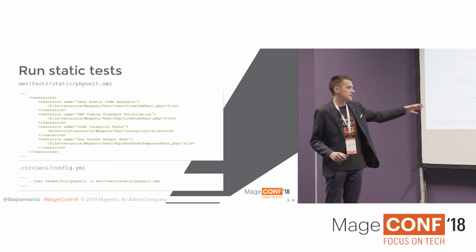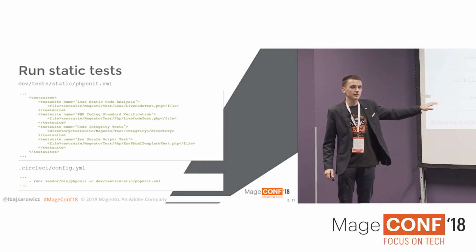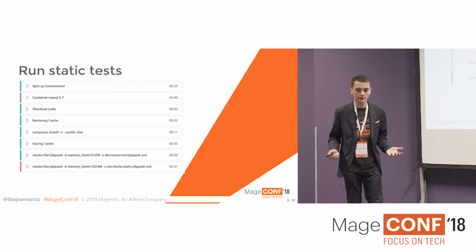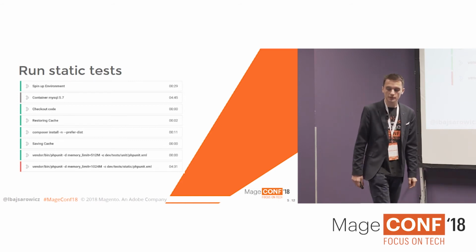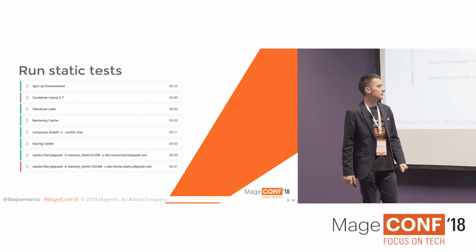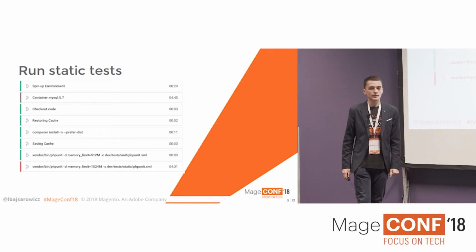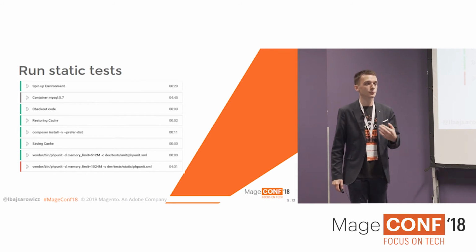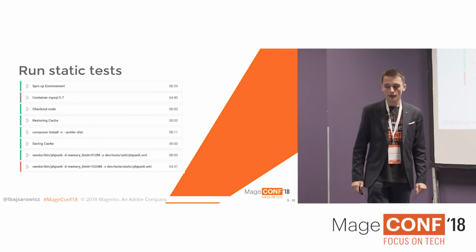Adding this test is pretty much the same as with unit tests, and it should run quite fine, but it's not. You can see the time here. Yes, 4 minutes, 31 seconds. And it's because of the fact that it's testing all the code, not only our code.